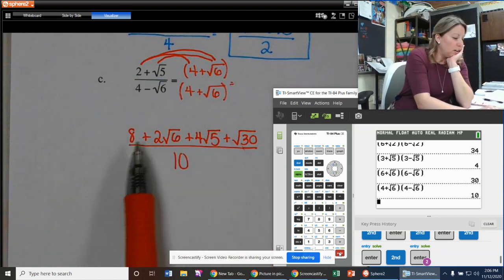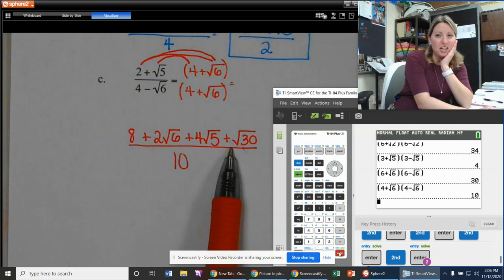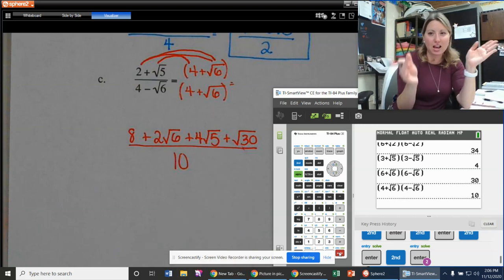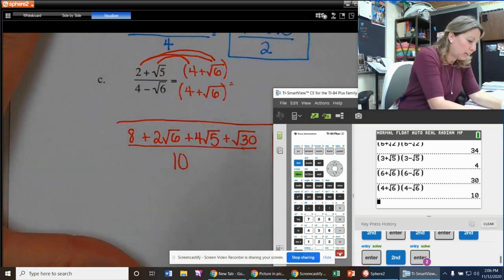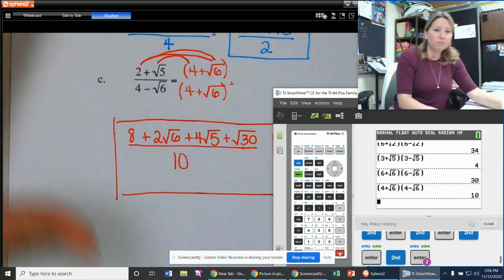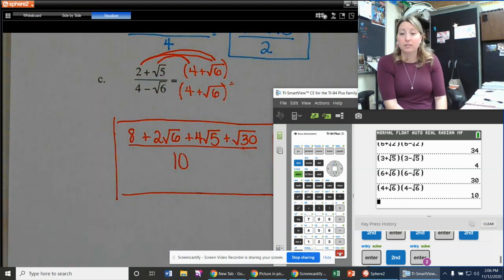Except even, that's a 1. Nothing here can simplify further. This has to be left all separate. That's it. That's your answer. Very rarely, but sometimes that's going to be the case. Very rarely, but it can happen.